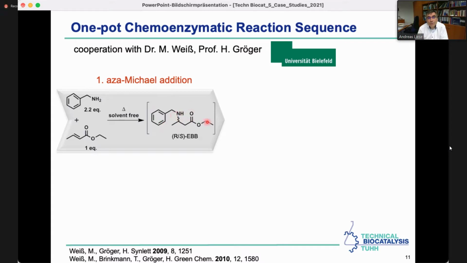So an amino ester that's being formed. And now you already see at the waved line here and the RS indication, racemate. For the pharma product, we need to have a pure enantiomer, so ideally 100% ee. So how can we do this?